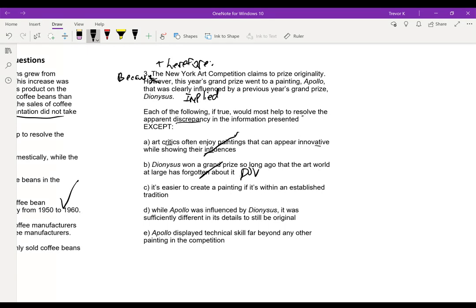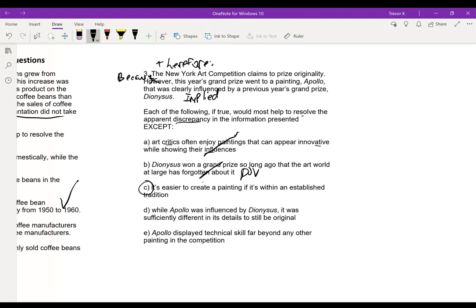So this would be why you might paint something that's influenced by a previous year's grand prize. But why would the judges choose something? So this one does not help to resolve the apparent discrepancy, which is why we select it.